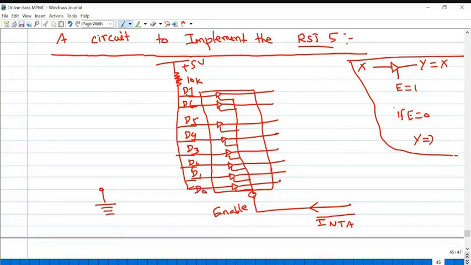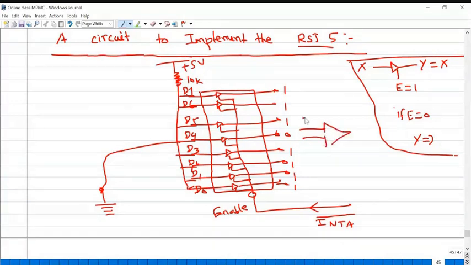So 1, 1, 1, 0. This will be 0, the remaining 1, 1, 1, 1. So you will get at the output 1, 1, 1, 0, 1, 1, 1, 1. These 8 bits of information, that is EFH, will be placed on the data bus.